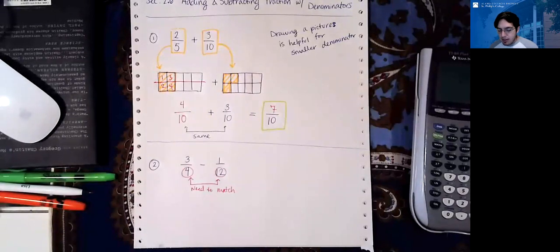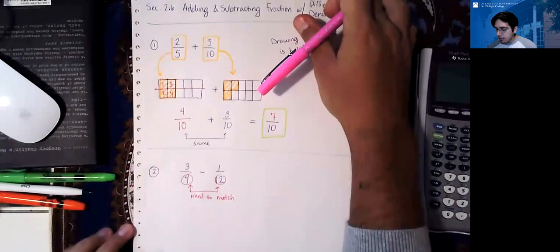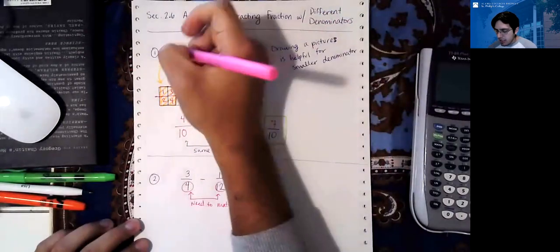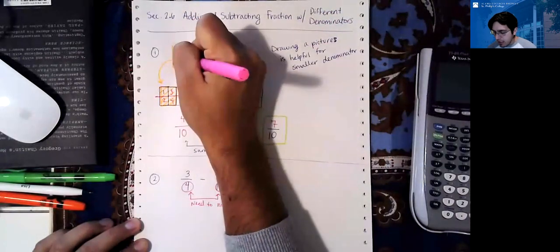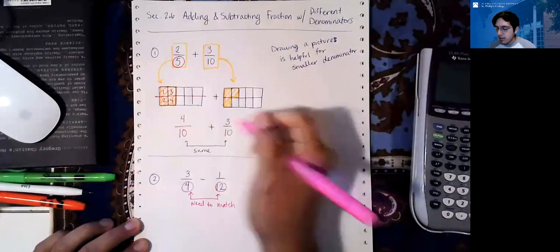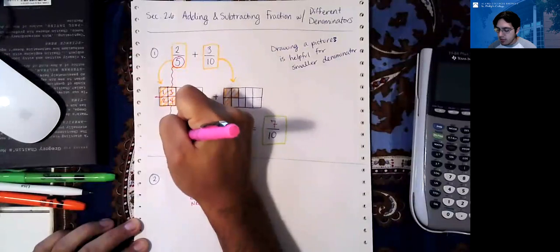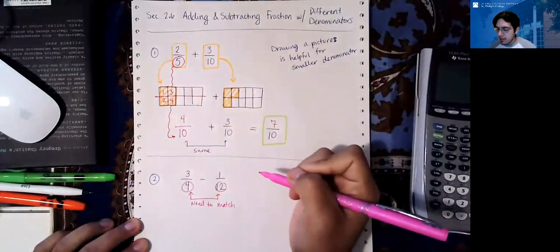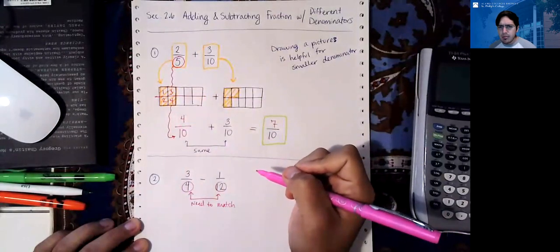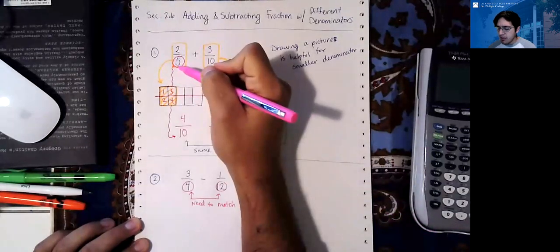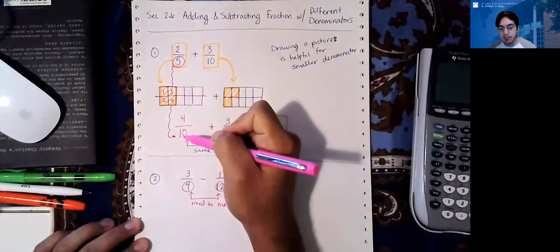And if you look at the last problem, you might say, okay, well, we had a denominator of 5 to start off with. And somehow we took that 5 and it got transformed into a 10 by multiplying almost. So what do I need to multiply by 5 to make 10? Two.